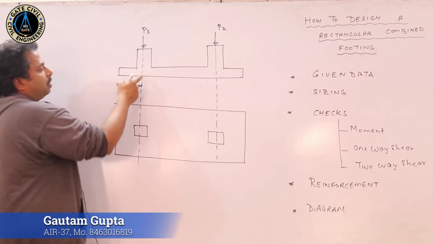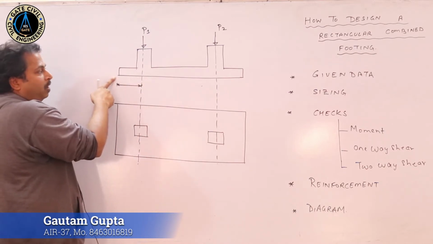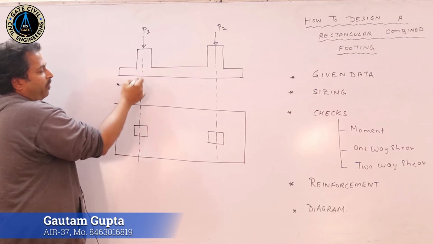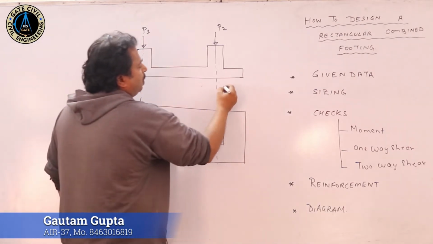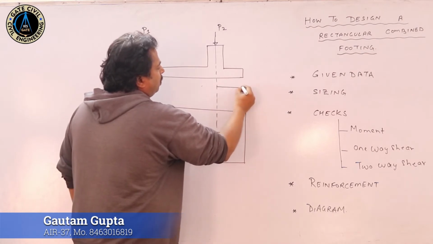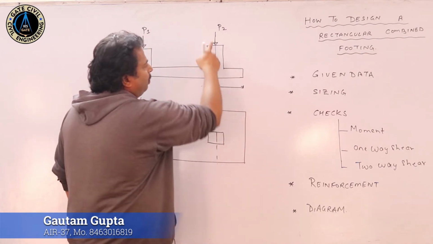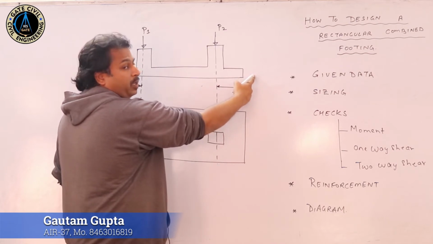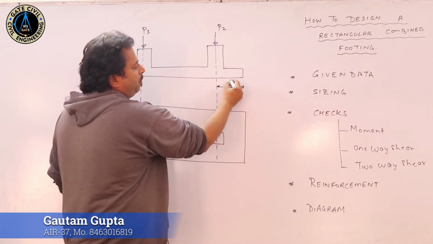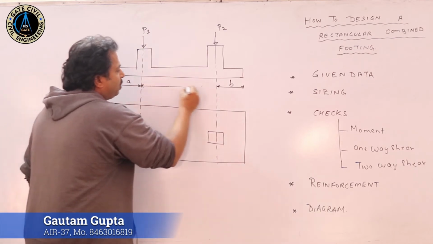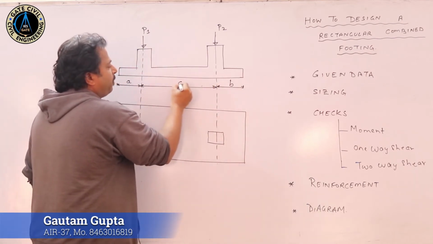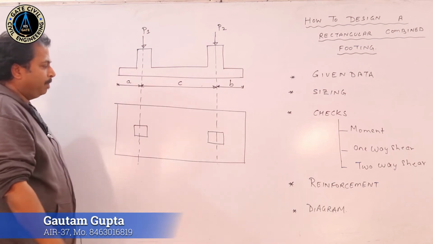The distance of the outer edge of the footing from the center line of column 1, representing it as small a. The distance from the center of column 2 up to the edge of the foundation, representing it as small b. And the center to center distance between the columns, we will represent it as small c.